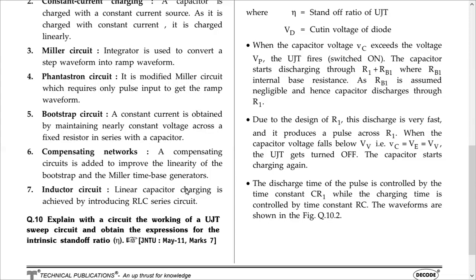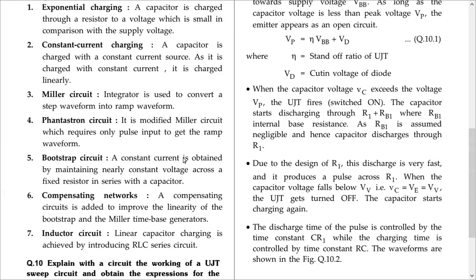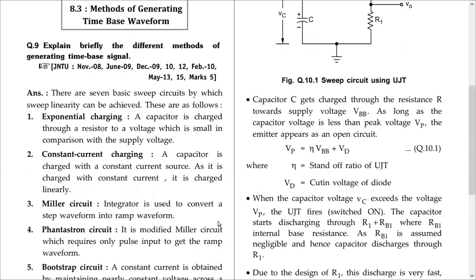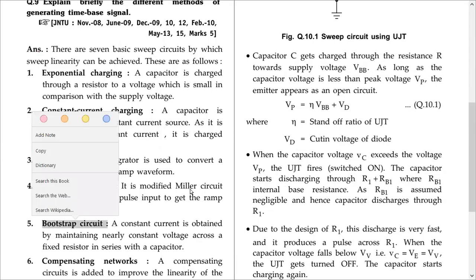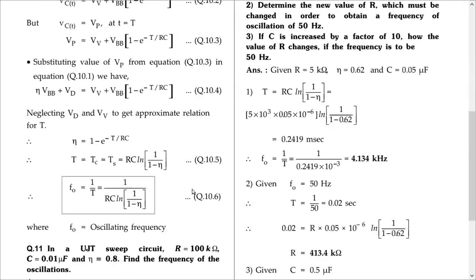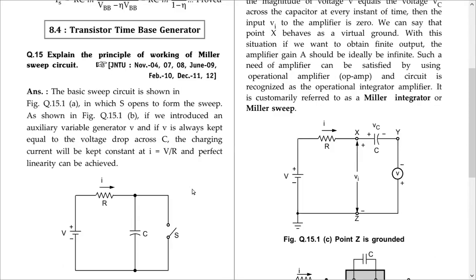We have already shared some software for labs, so just try RLC circuits; when you connect them, you will see that we get improved linearity. So these are the different methods of generating time-based signals. In our syllabus, we have these two: first the Miller circuit, and then the bootstrap circuit. We will directly go into the Miller circuit.